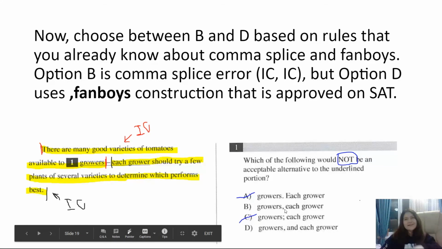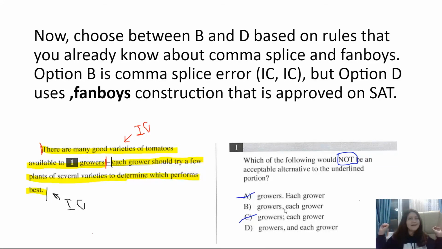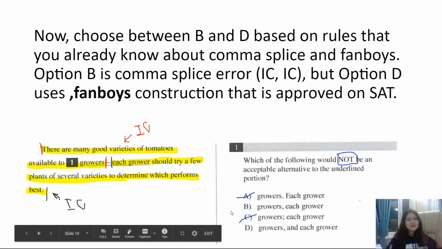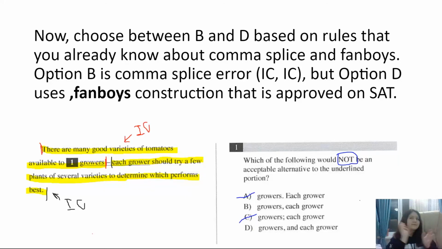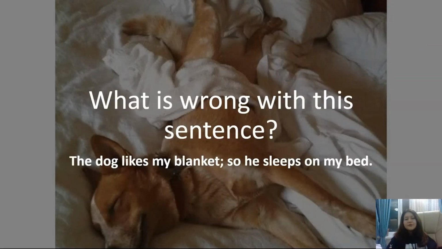And here comes the moment when you remember this poor comma that is connecting two sentences without any help and is suffering. So in this question, option B is the answer choice, which is not an acceptable way of connecting two independent clauses.